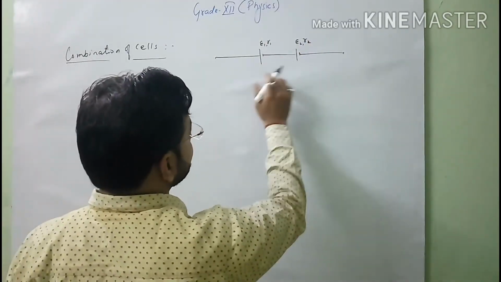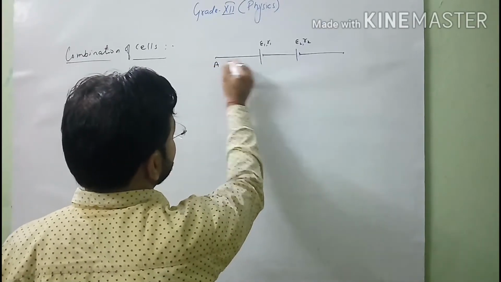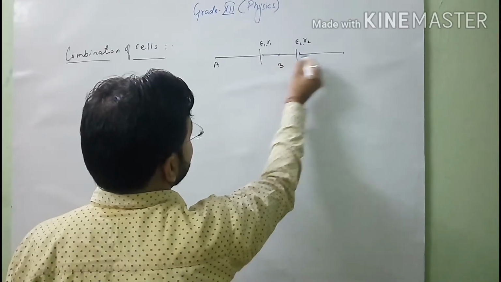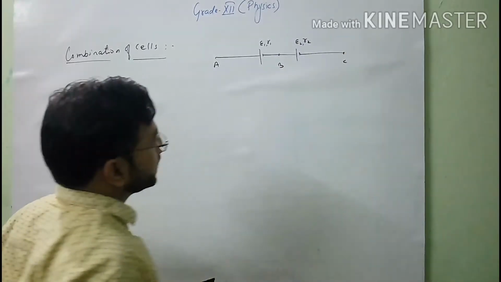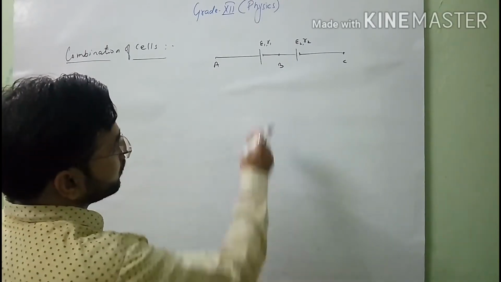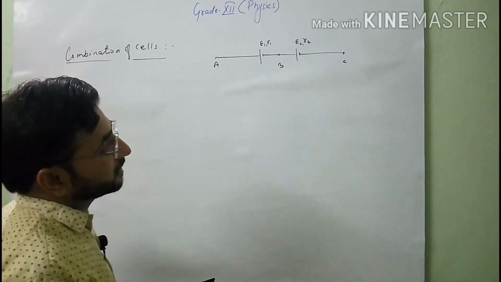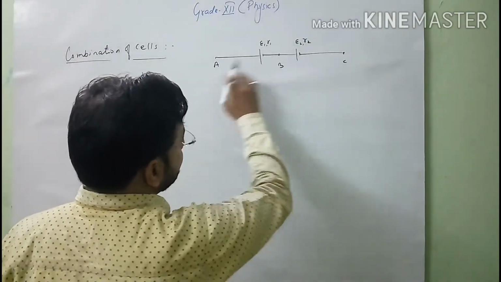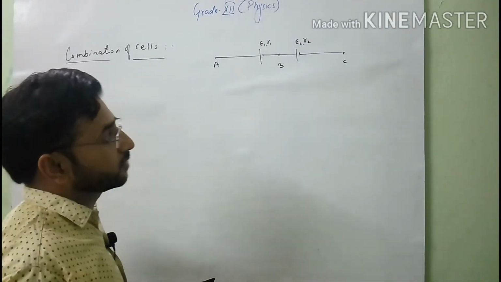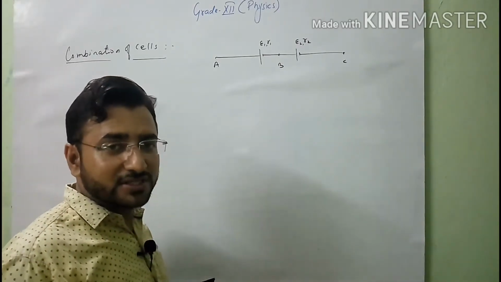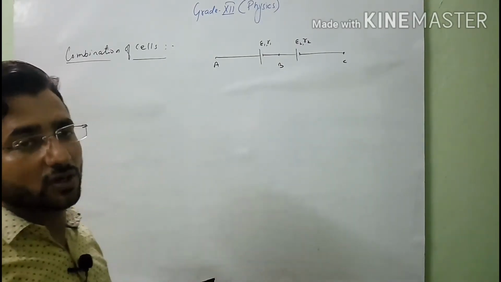So these are two cells, A, B and C are the terminals by which we will calculate the electric potential difference for the individual cell, and after that we will get the total electric potential between the two terminals to get the equivalent EMF of the combination and the equivalent resistance of the combination.